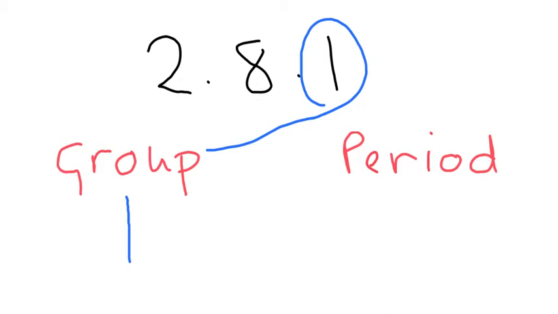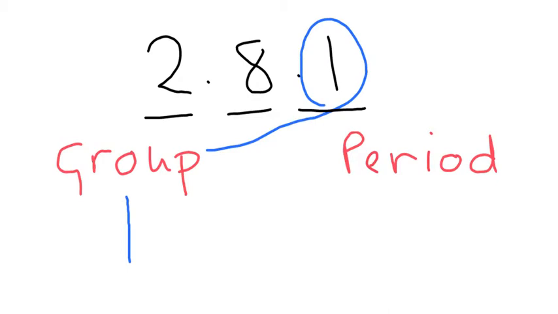Now there are lots of elements in group 1 on the periodic table. If you have a look, there's lithium, there's sodium and there's potassium. When we look at the period, however, it gives us that little bit more information to pinpoint which particular element that you have. In the case of the period, we can see we have 1, 2, 3 actual shells inside those atoms.